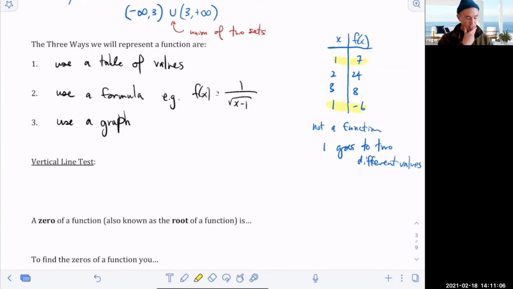As far as the graphical part, there's something called a vertical line test. Students love the vertical line test, right? It's abbreviated VLT.